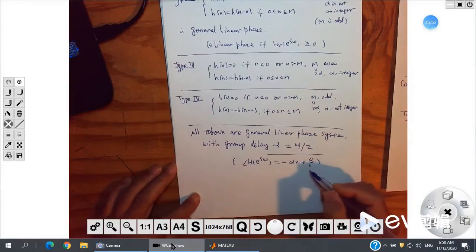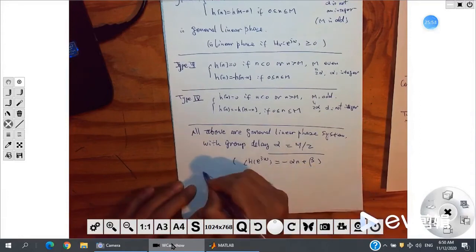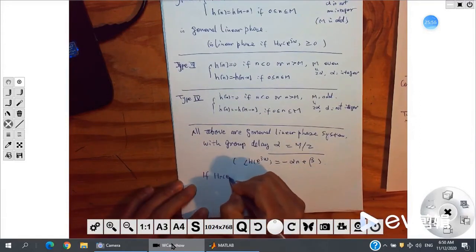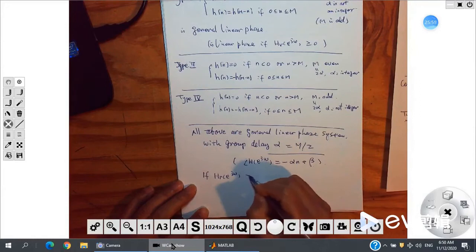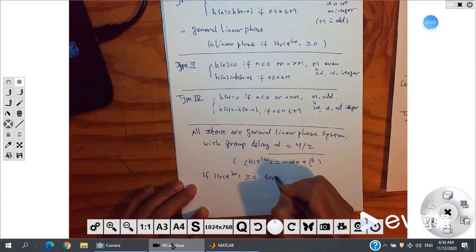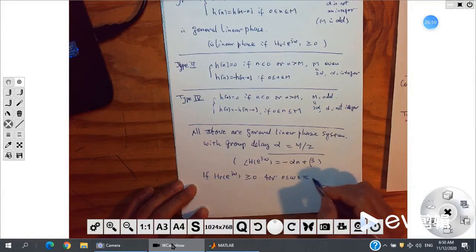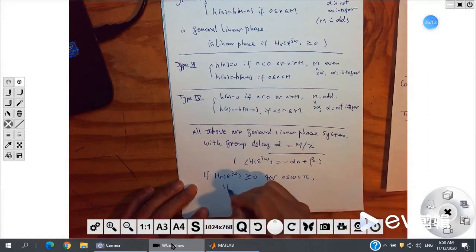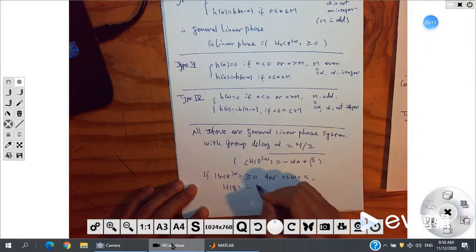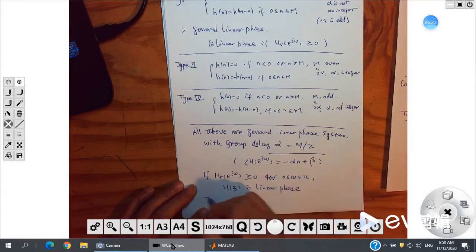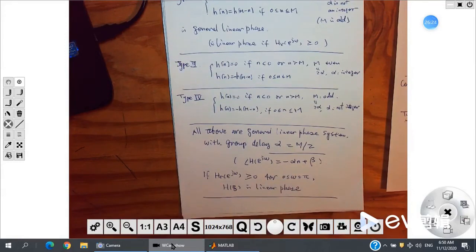For linear phase, you can just check H_R. If H_R(e^{jω}) is larger than 0 for ω running from 0 to pi, actually from negative pi to pi, we just check this part, and it will be fine. H is a linear phase.